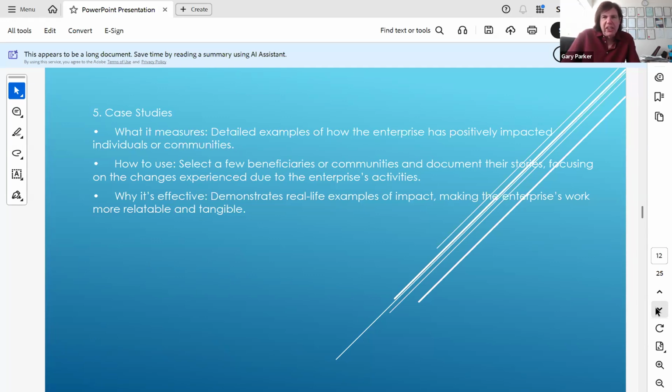What case studies measure are the detailed examples of how the enterprise or project has positively impacted on individuals or communities.